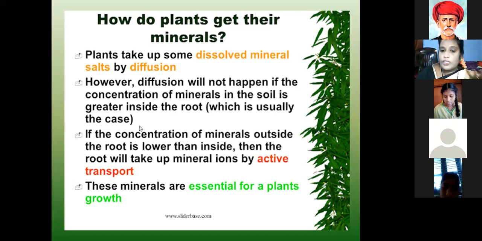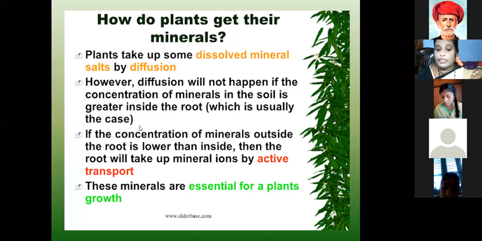Okay, if the concentration of minerals outside the root is lower than inside, then the root will take up the mineral ions by active transport. Active transport participates very actively, ma. Why? Because the roots absorb water and minerals and transport them to the remaining parts of the plant, and every part of the plant communicates. That means the plants will grow. The plants also show growing levels. But transpiration is a very important process.